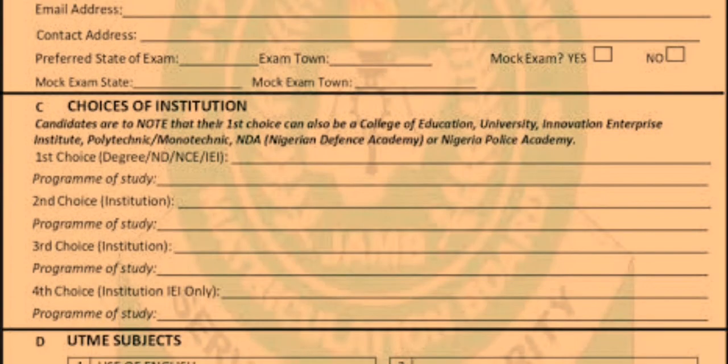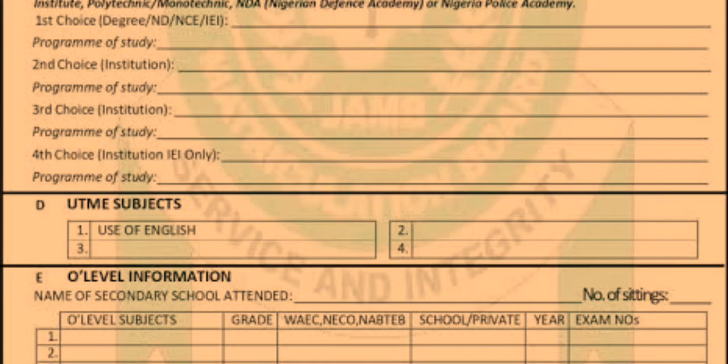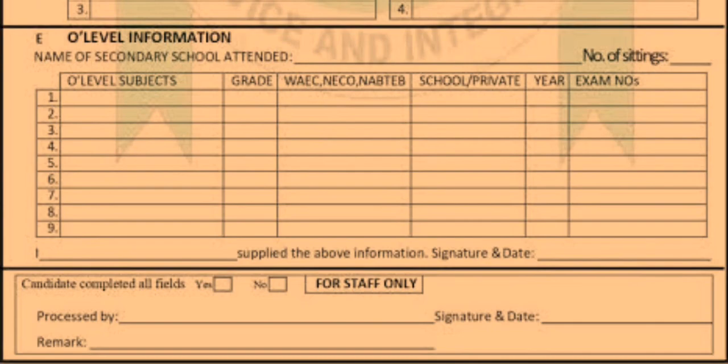Section C is the institution you want to write the exam in. Section D is UTME subjects, the subjects you are going to be writing in JAMB. Then section E is your O-level result, WAEC, NECO, or NAPTEP result. Then finally, you can just write your name, supply the above information. You will now sign your signature and the date.